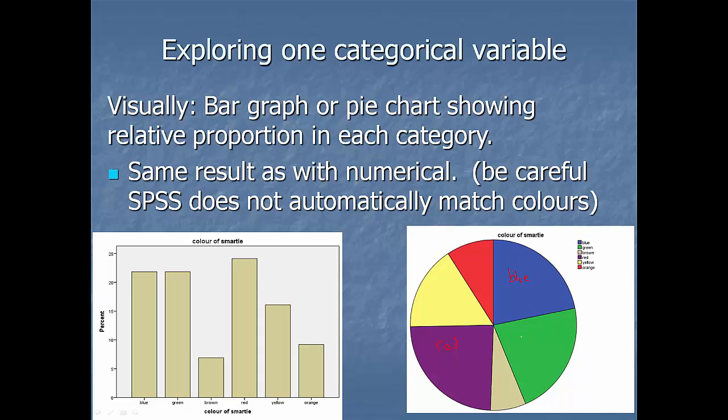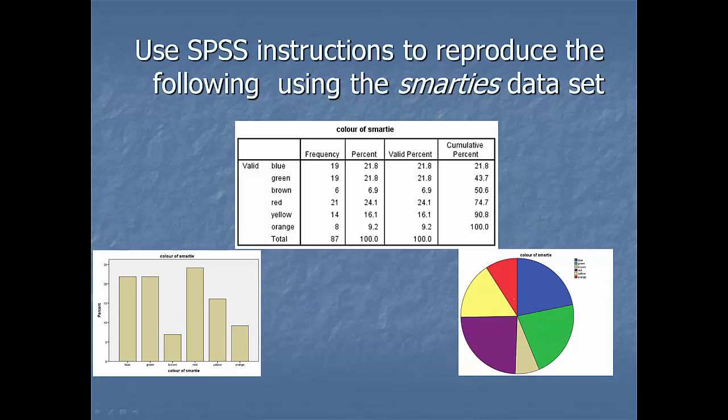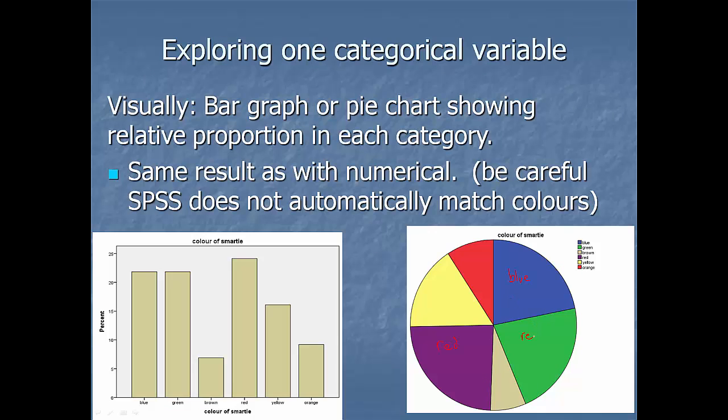Green is actually green. SPSS, I apologize for that, produces these colors, and they won't necessarily give you the correct matching colors, but they might. There's a function you can go in and change the colors for each of the slices. You'll learn how to do that eventually.